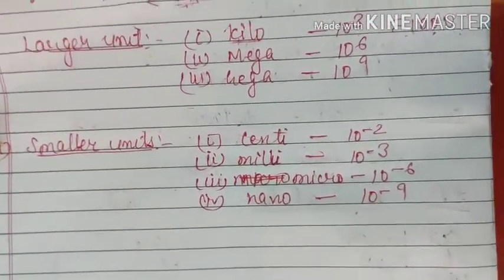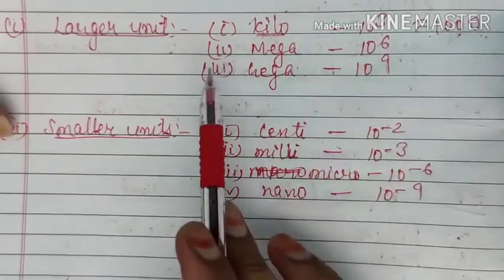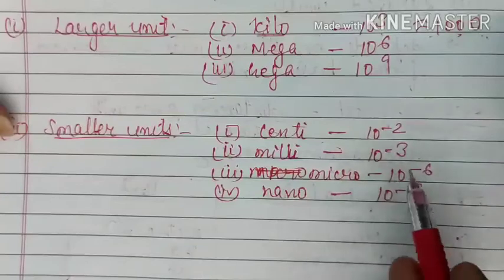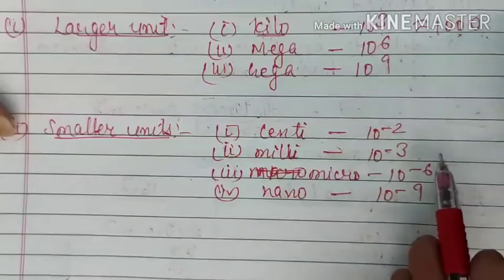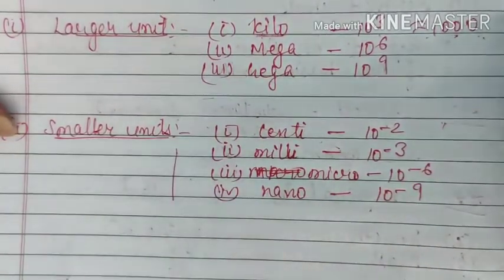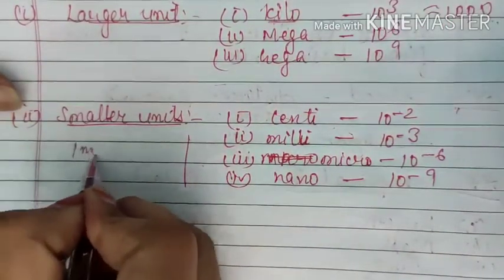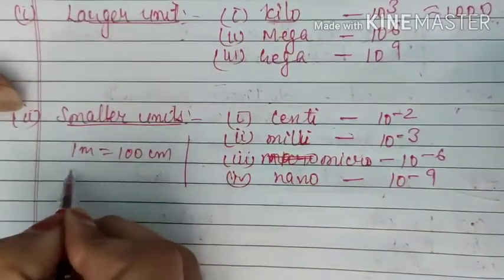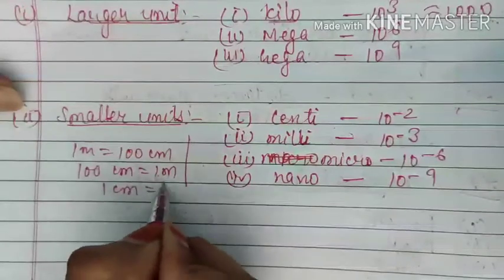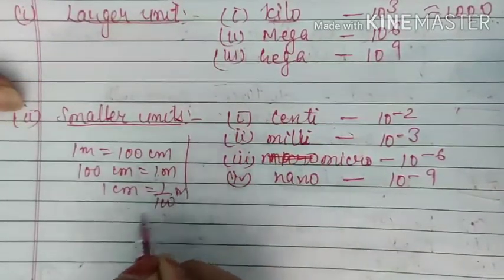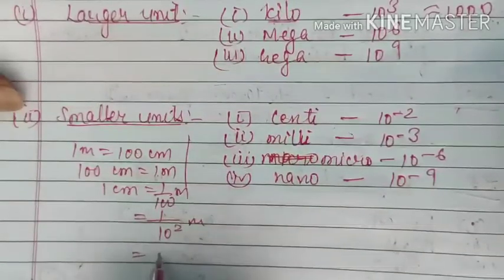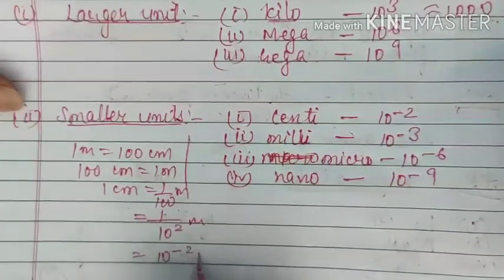For smaller units, centi we already know. We know that 1 meter is equal to 100 centimeter, or 1 centimeter is equal to 1 upon 100 meter, which is equal to 1 upon 10 raised to power 2 meter, which, if you take it to the numerator, is 10 raised to power minus 2 meter.